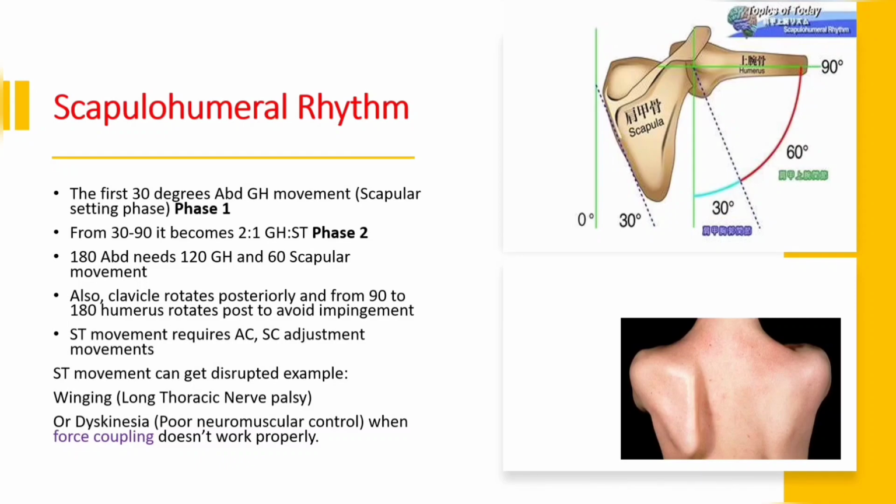In some conditions, such as scapular winging due to long thoracic nerve palsy, or dyskinesia due to poor neuromuscular control, when the force coupling doesn't work properly, the scapulohumeral rhythm is impaired.